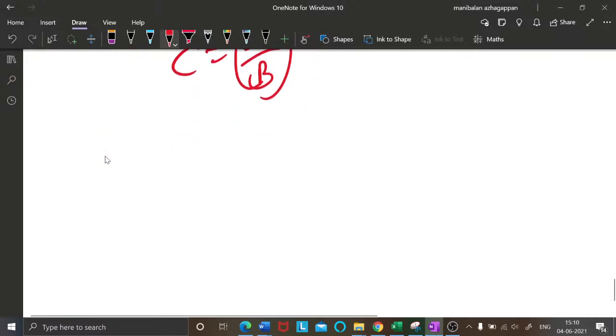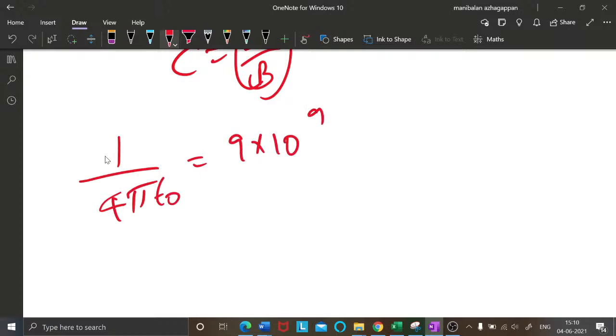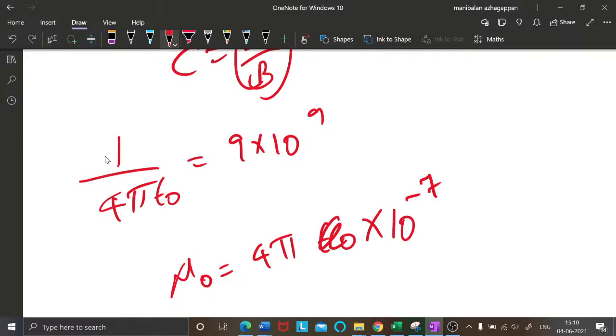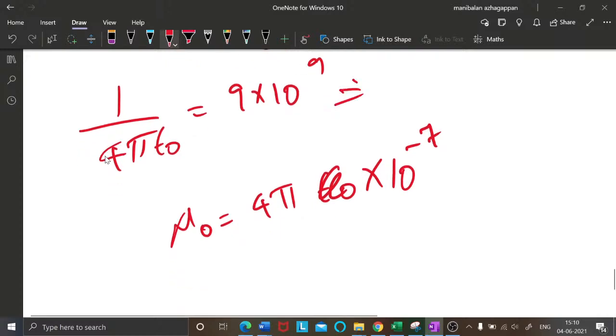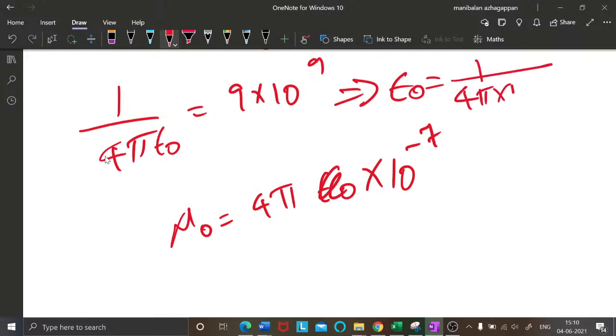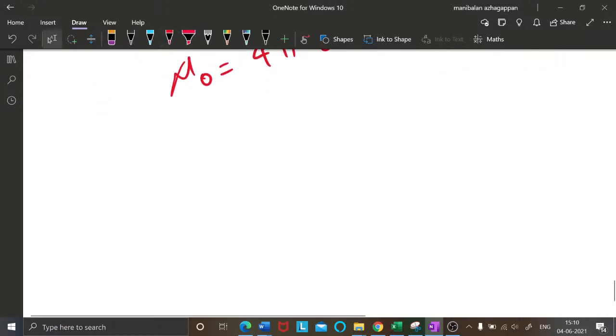Next, mu naught and epsilon naught. 1 divided by 4 pi epsilon naught is equal to 9 into 10 power 9. Mu naught is 4 pi into 10 power minus 7, which is a constant value. I'm going to multiply mu naught and epsilon naught.